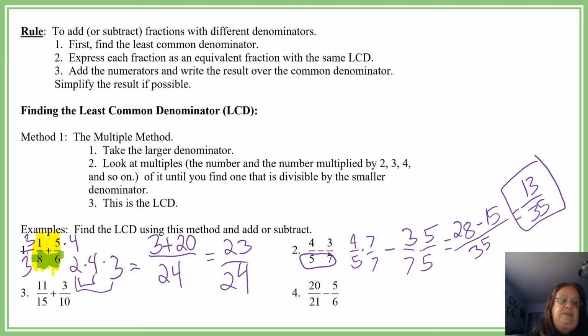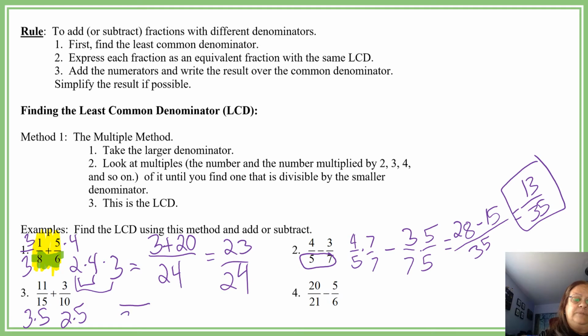Okay, I don't have much space here for my 11 over 15 and 10 and all that. But 15 is 3 times 5, and 10 is 2 times 5. So my new denominator is going to be 3 times 5 times 2. Since I have a common 5, I only need to use one of them. All right, so 3 times 2 is 6, times 5 is 30.